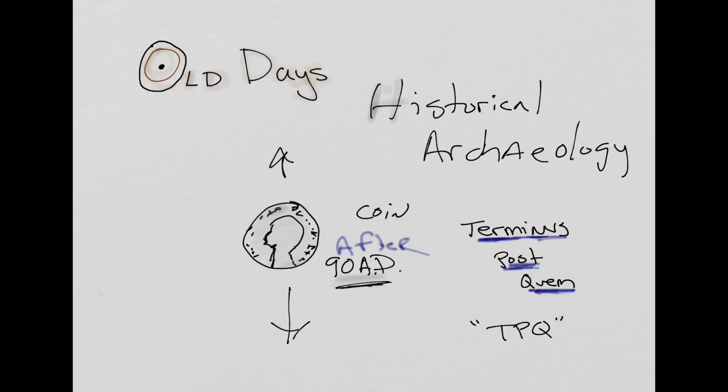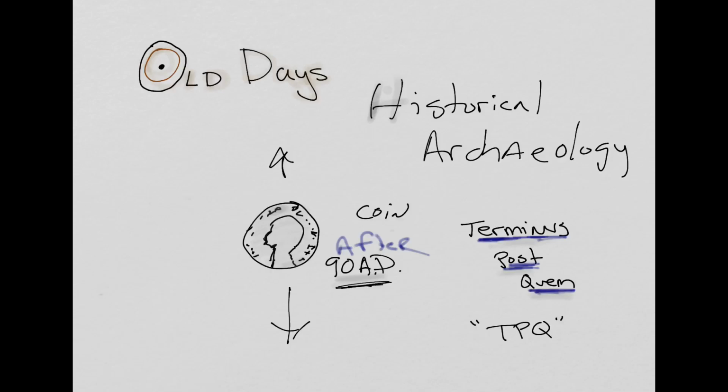But you can say that an archaeological site that has a datable object like a coin would be at least as old, I should say, the oldest it could date would be the date of the coin. That's a TPQ date.